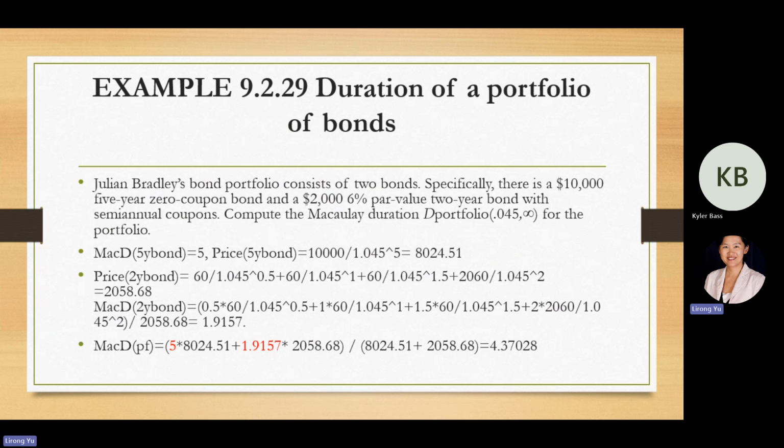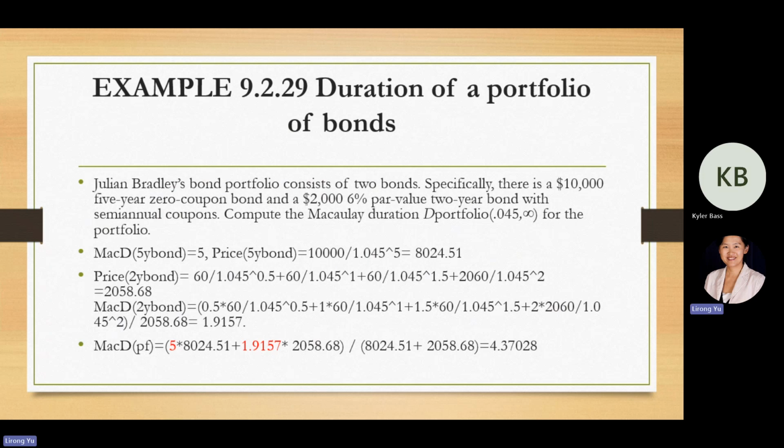So 2,000 times 3% gives us 60. So 60 is the cash flow at every coupon payment. Then 60 is discounted by the power of 0.5, and so on. You discount all the cash flows back to time 0, and that's our total price.